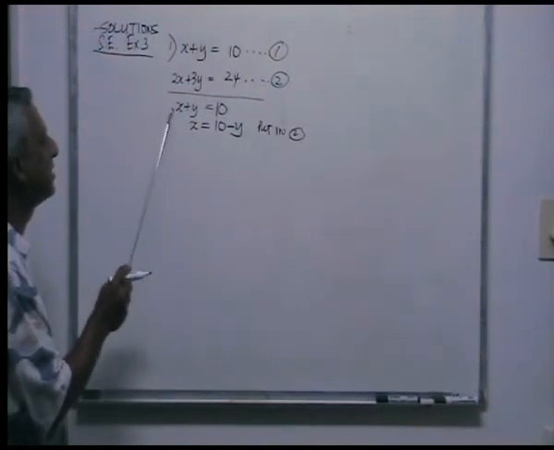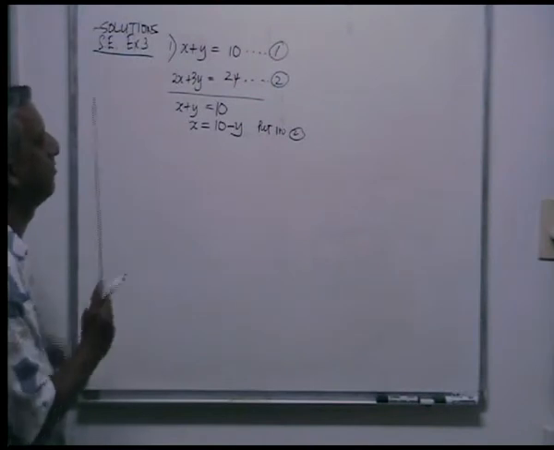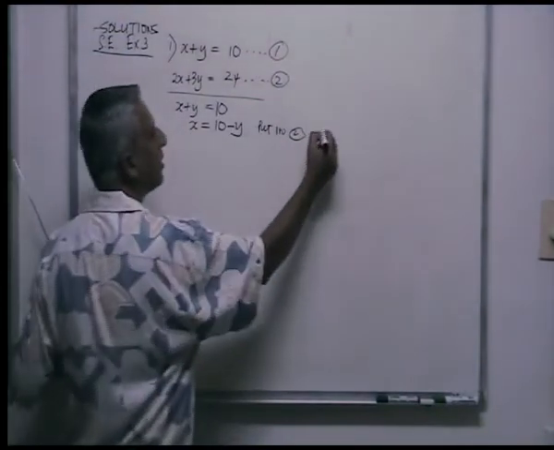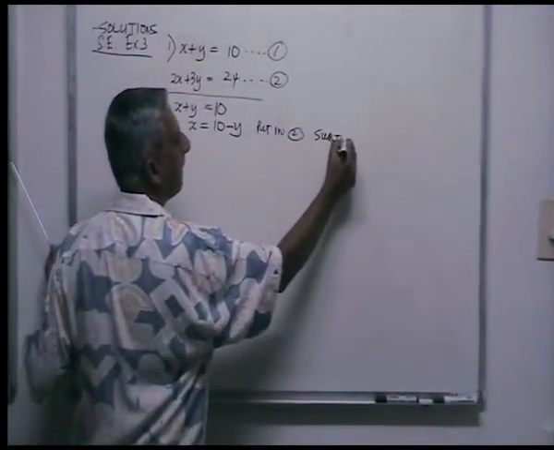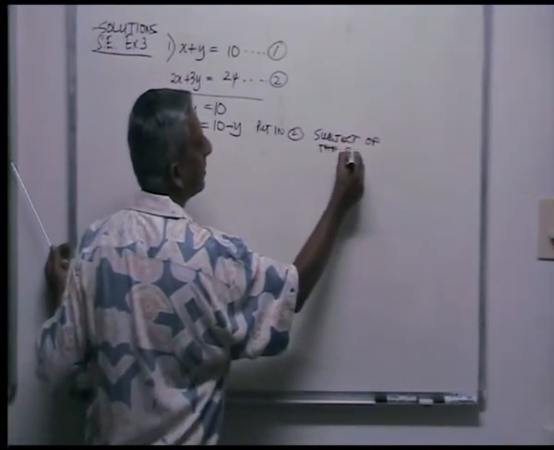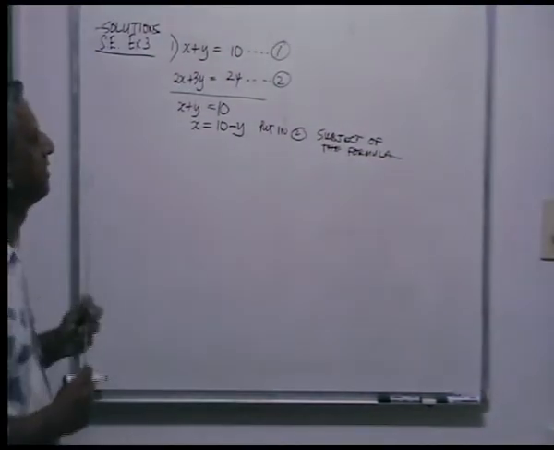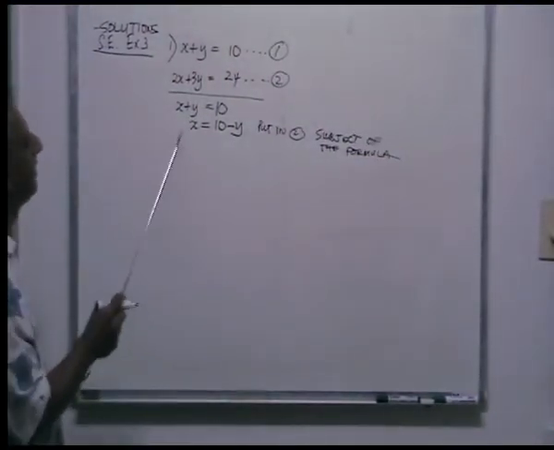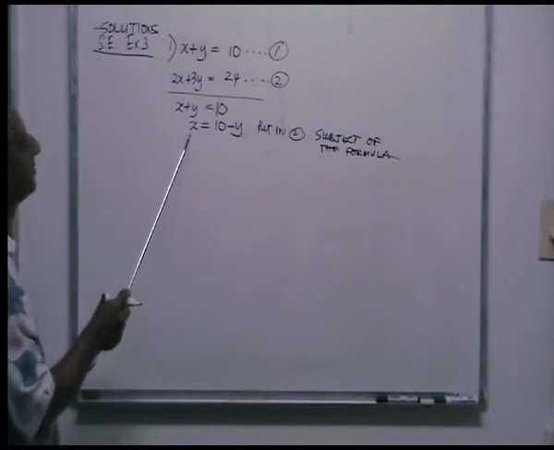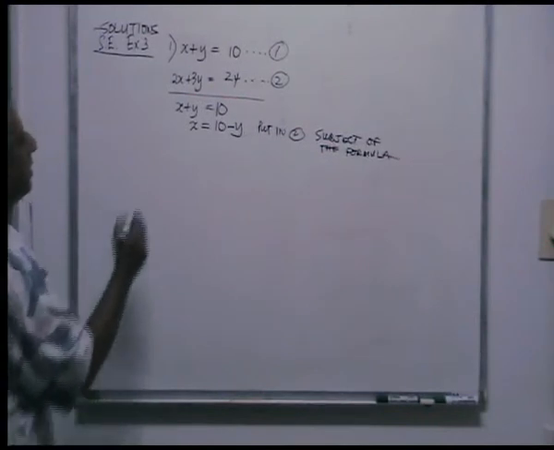In other words, you decided to make x the subject of the formula. We talk about the subject of the formula, which is using big words, but simply you wanted x here. So take the y across. Now you can put that in number 2.